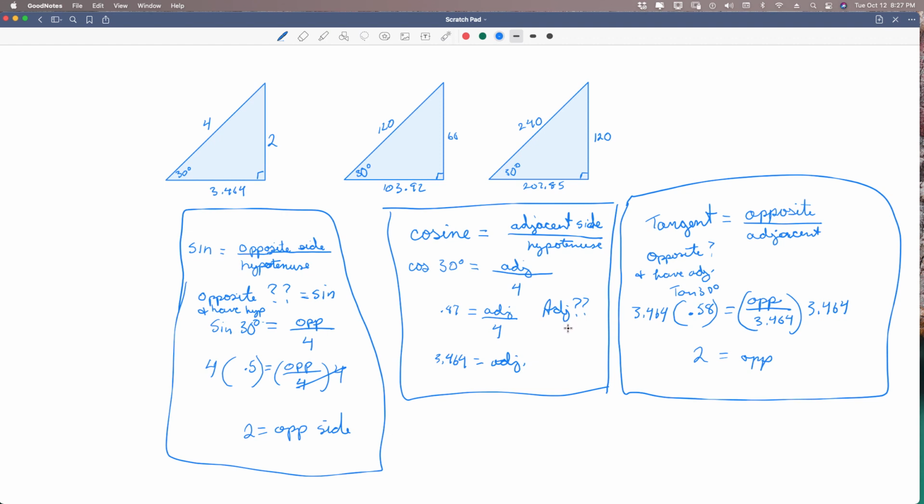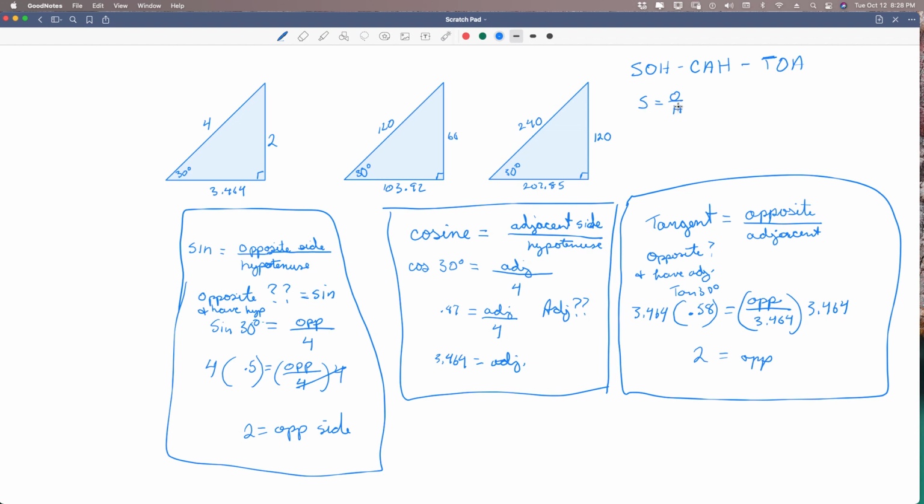There is a mnemonic phrase that helps you to remember, and it is called SOH CAH TOA. And it literally means sine equals opposite over hypotenuse.